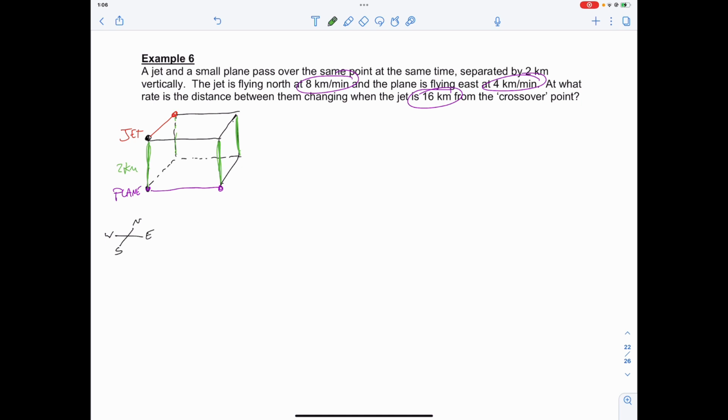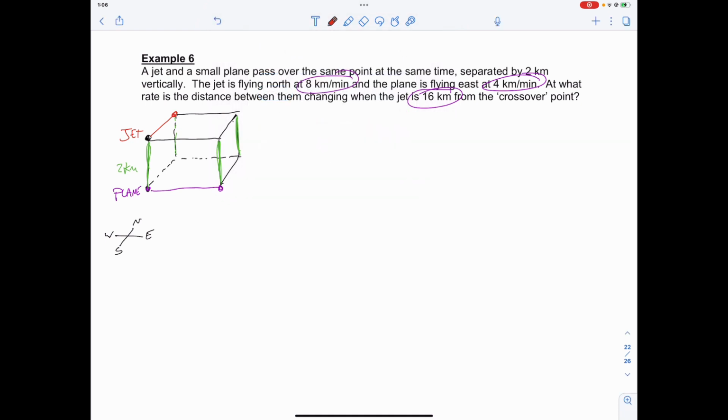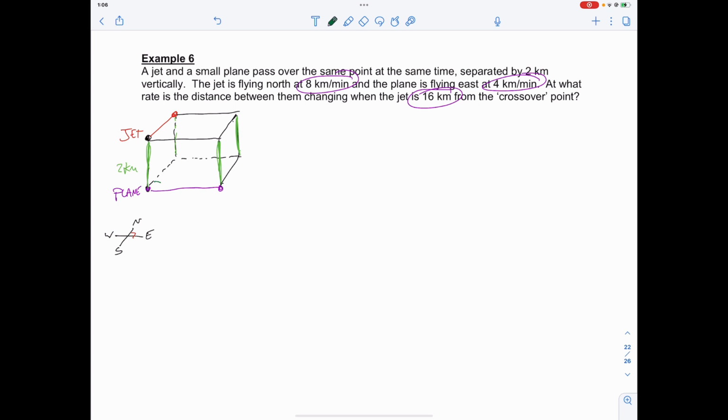Now, if I look at it like it was a compass, where one is heading north and one is heading east, then I would have a 90-degree angle here, which means that I have to have a 90-degree angle here.